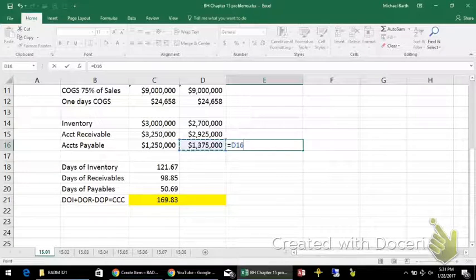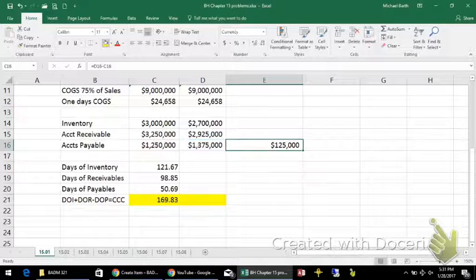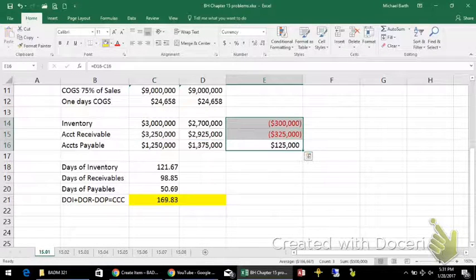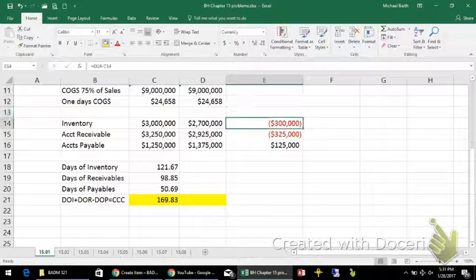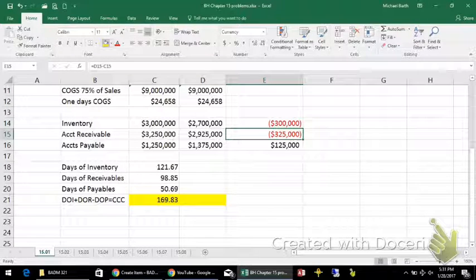If we look at the changes here, they no longer have to fund $300,000 of inventory. By selling it off and not replacing it, they free up capital of $300,000. Same with the receivables.